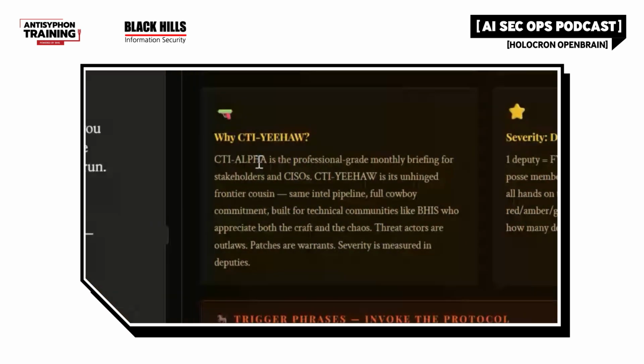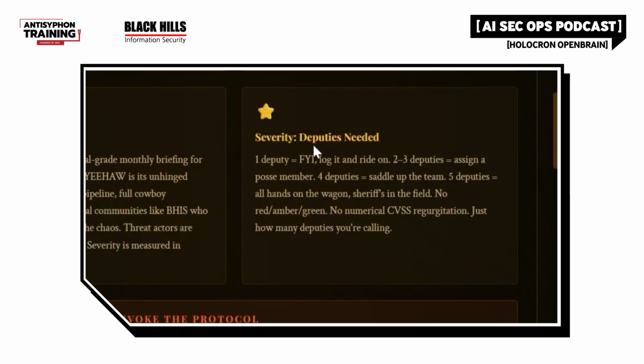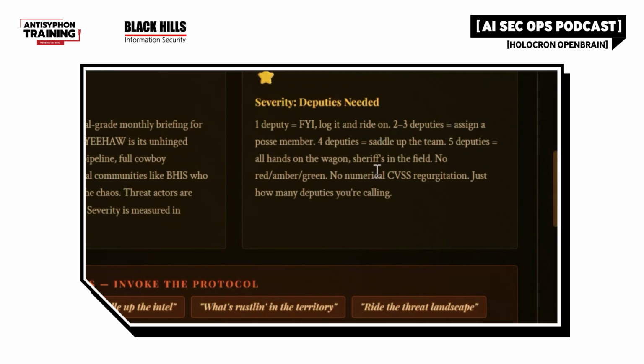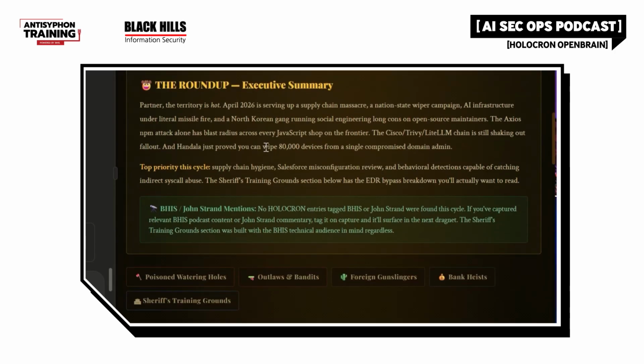This was based off the one that I do with the CTI Alpha, where I run that, and it outputs things for my industry, highlighting things for the CISO, and the severity of deputies needed. One deputy is just informational, 5 deputies, all hands on the wagon, sheriff's in the field. And you have the roundup executive summary.